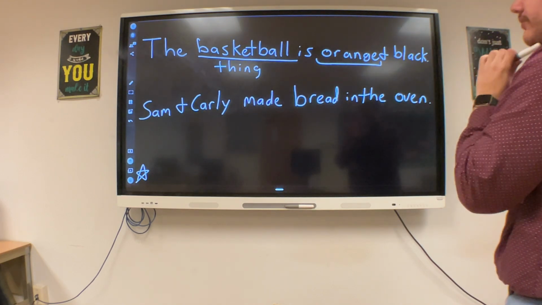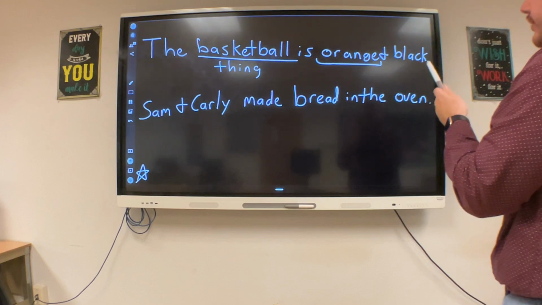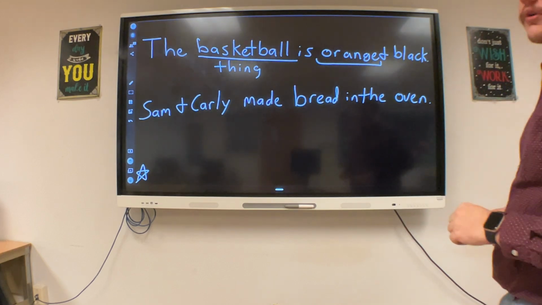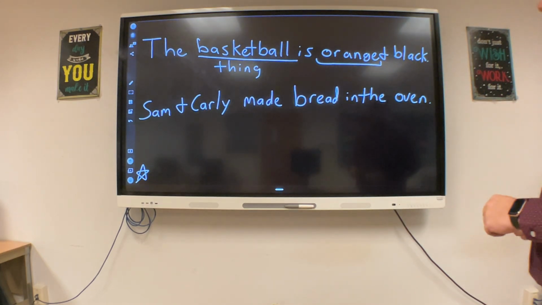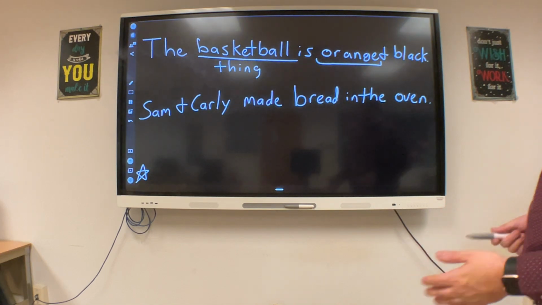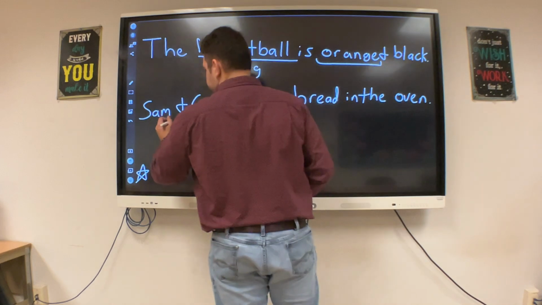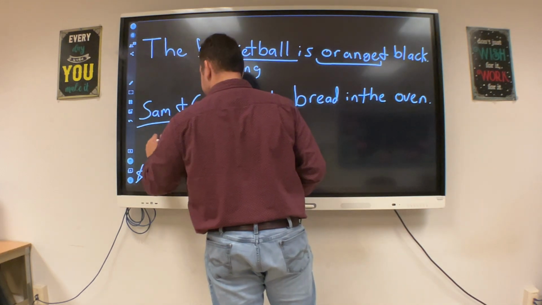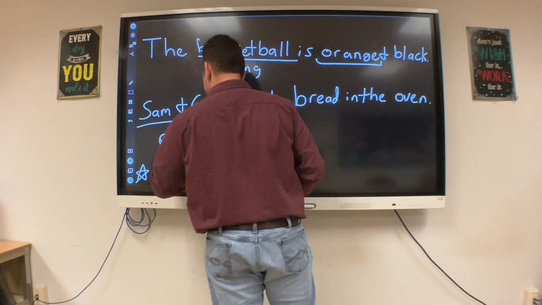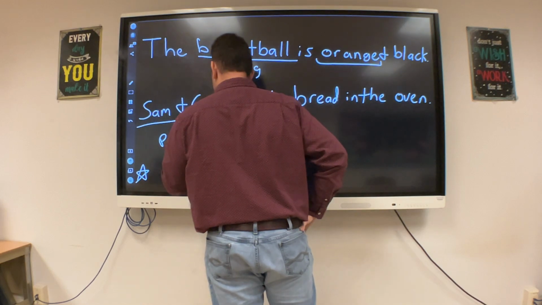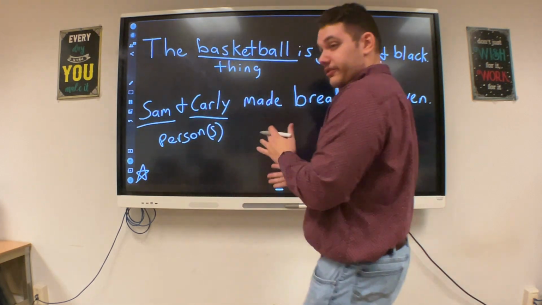And our last sentence, we have Sam and Carly made bread in the oven. And we have four nouns in this one. There's no limit to how few or how many nouns you could have in a sentence, and there are gonna be four in this one. Because we have Sam and Carly, who are both people. I'm just putting person, place, or thing, where it's easy to keep up with.